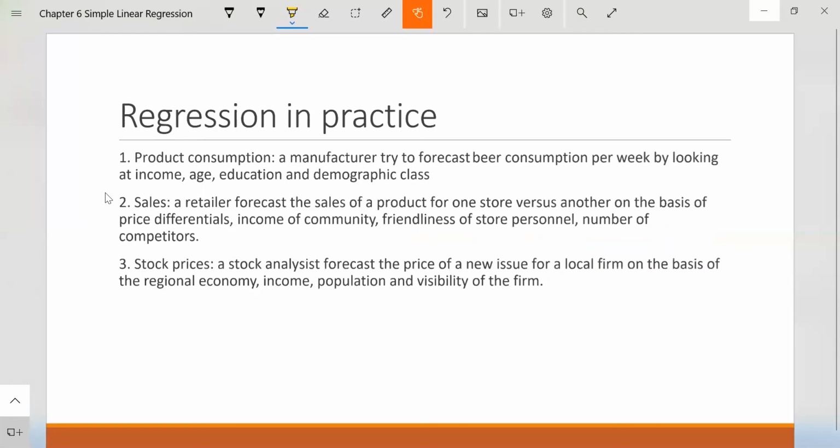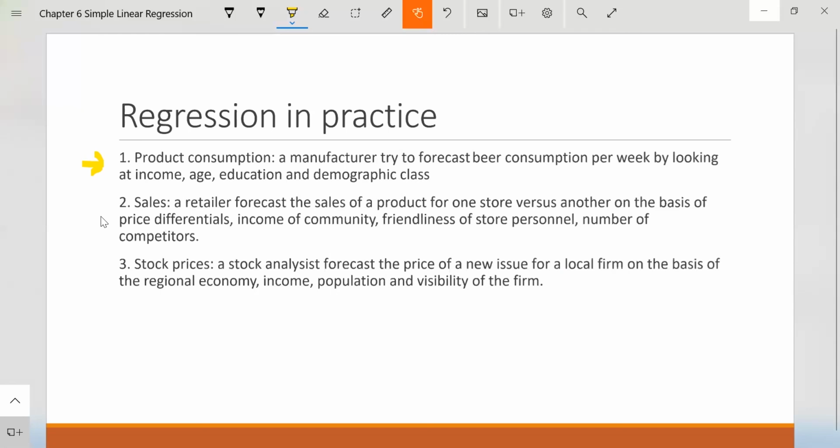As a final note, I want to give you a couple of more examples about regression used in practice, because regressions are used in practice a lot, and they are useful tools for conducting analysis and making business decisions. And the first one is about product consumption. Let's say a manufacturer is trying to forecast beer consumption per week by looking at demographic information and other related variables.